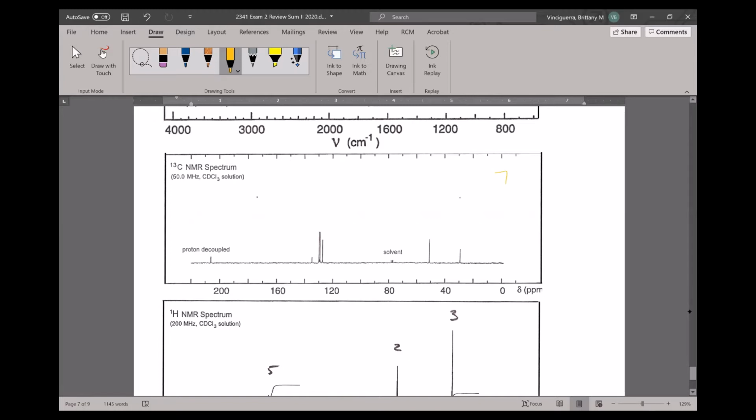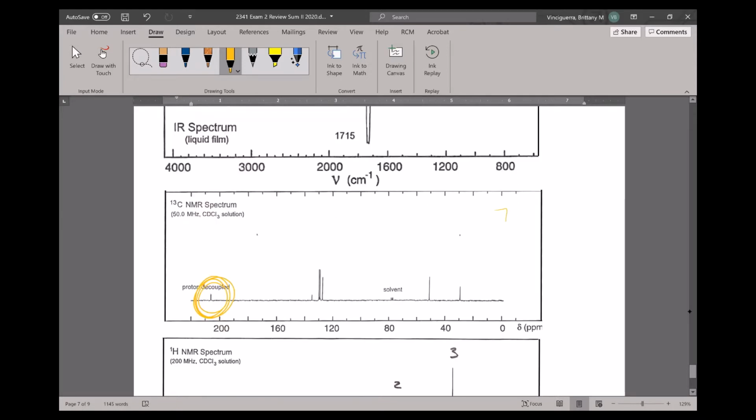Are there any that are special here? Like any that really give us a good hint? The proton decoupled on the left. Yeah, so proton decoupled is just describing the type of spectrum, but yes, this one is special. It tells us about a carbonyl, right? So that confirms that for us.